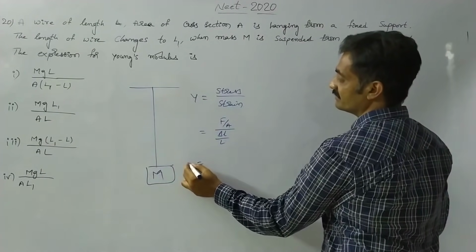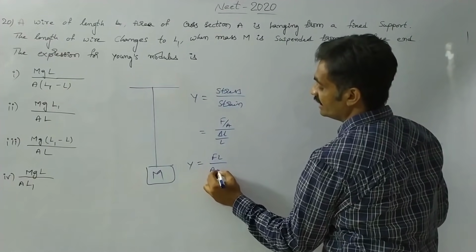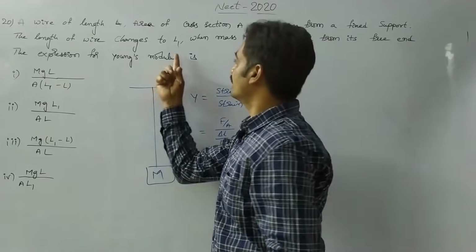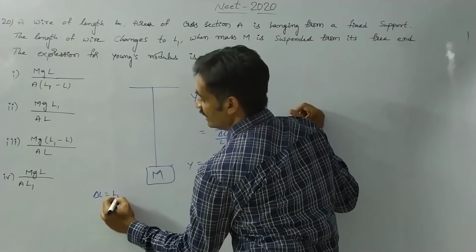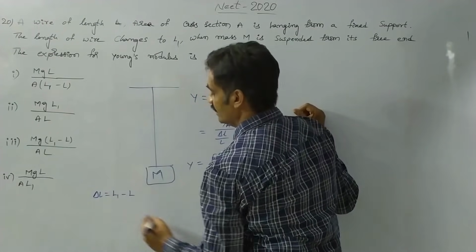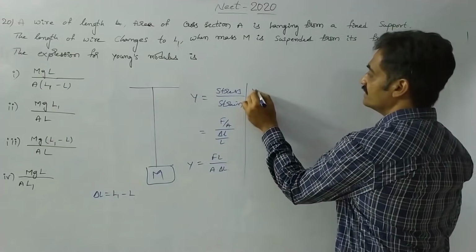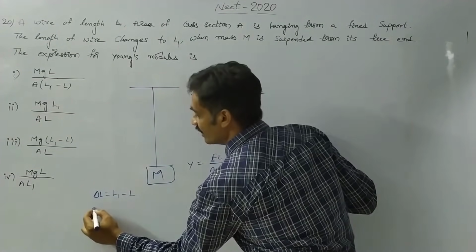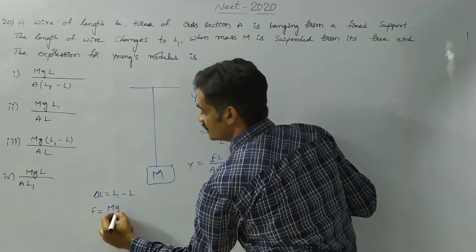So based on that we can represent that Y is equal to FL by A into delta L, where the change in the length is delta L equals final length minus initial length. Here the force is based on the weight applied to the wire, so F equals mg.